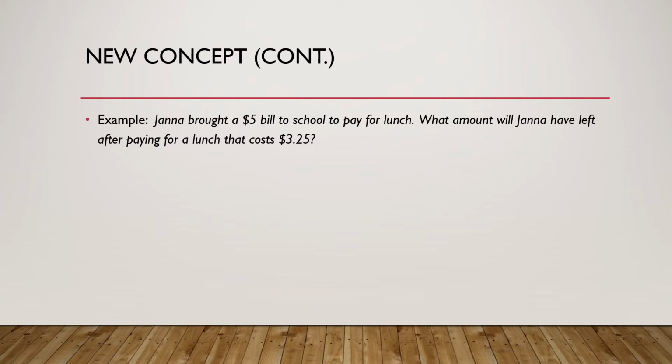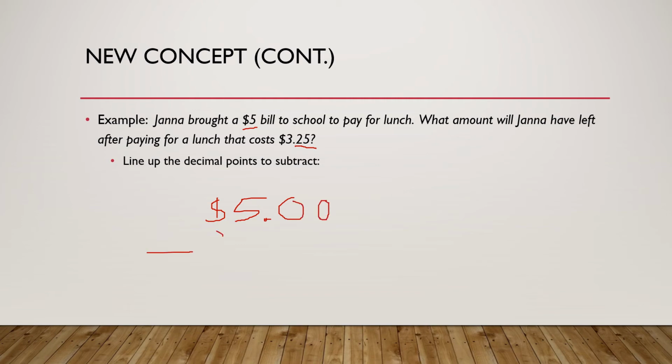Here's another example. Jana brought a $5 bill to school to pay for lunch. What amount will she have left after paying for lunch that costs $3.25? So we're going to do the same thing, line up our decimal points to subtract. So I'm going to start with my $5, and I know I have cents in the second one, so instead of writing the $5 like they did without the decimal point, I'm going to put a decimal point and 2 zeros in, and then I can do my subtraction.